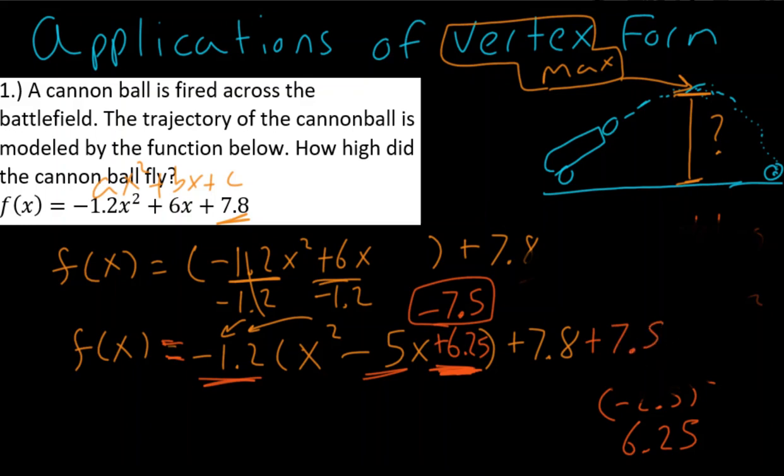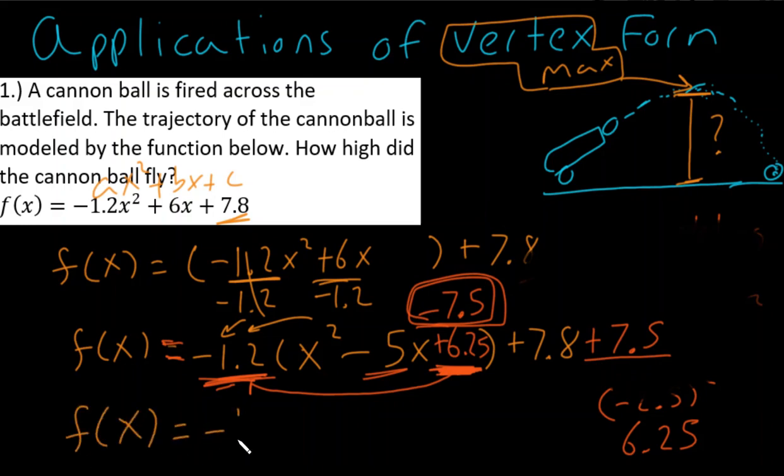Okay? So one more time. You put this perfect constant, 6.25, and then you multiplied it by the thing we factored out earlier, negative 1.2, and this gave you a negative 7.5, which we balance out with that positive 7.5. Now from here, we just do everything like we've been doing, even if it's going to look a little bit different to you. We write f of x is equal to negative 1.2 parentheses.